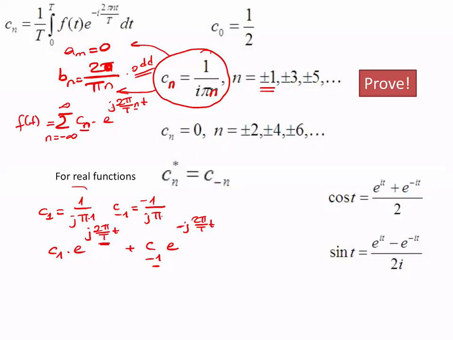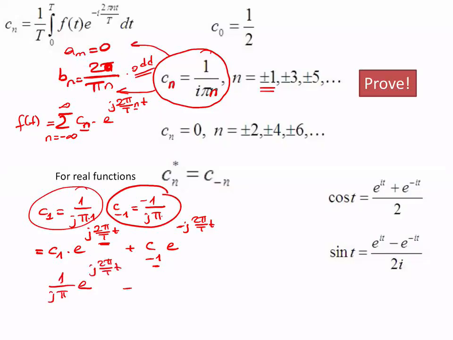Now let us put these into our formulation. It will be 1 over j pi e to the power j 2 pi t over T plus minus 1 over j pi e to the power minus j 2 pi t over T. And then what do I get? It's 1 over pi times e to the power j 2 pi t over T minus e to the power minus j 2 pi t over T, divided by j.